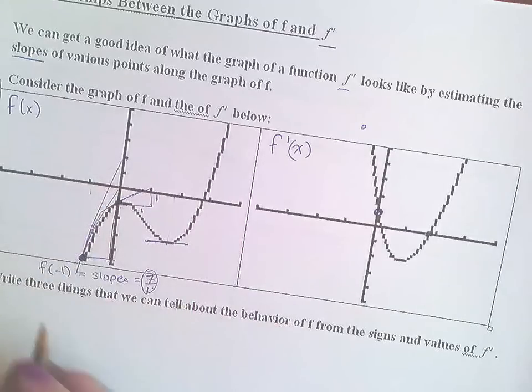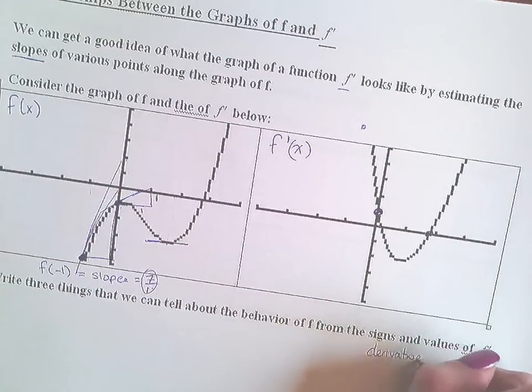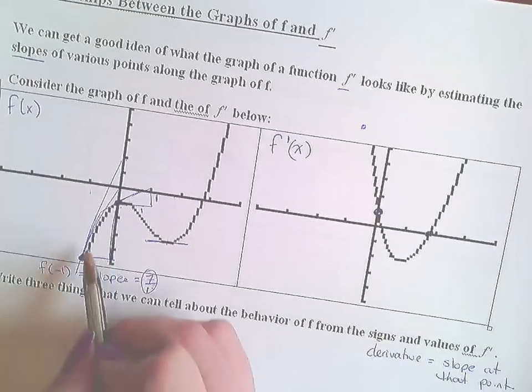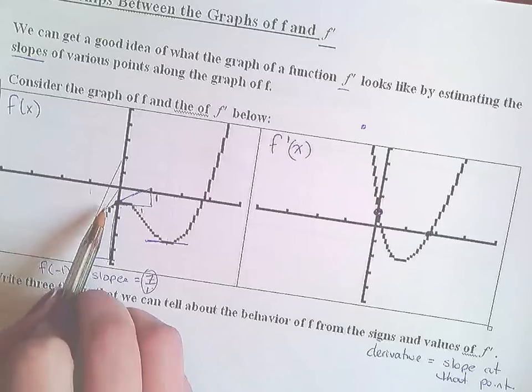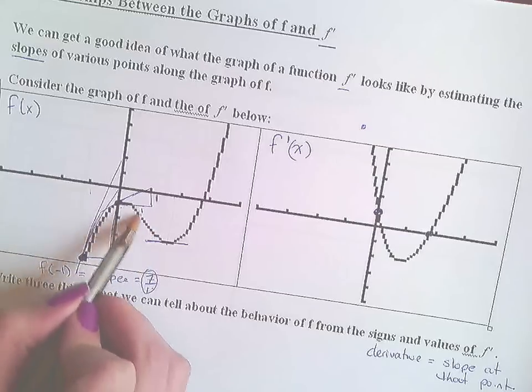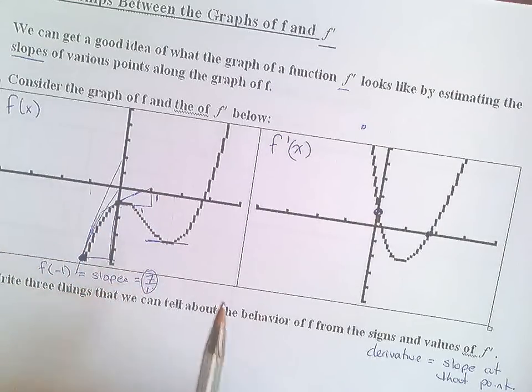And remember, the derivative is the slope at that point. So if the slope is positive right here, that means the graph is going up. If the slope is negative, that means the graph is going down. And if the slope is 0, that means we probably have a local max or a local min, depending on what's happening at that graph. But we'll talk about that in just a sec.